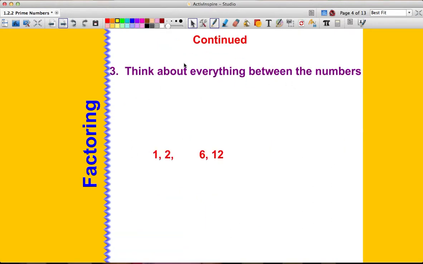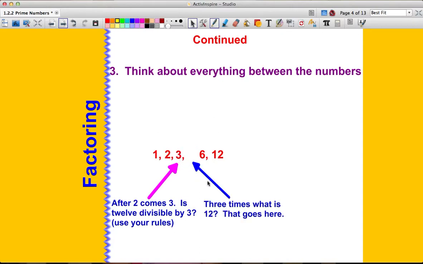Now I continue with step number 3 and I think of everything between those two numbers. The next number in this case would be 3. Since 12 is divisible by 3, I write down 3 and I think, what do I multiply 3 by to get 12? In this case, I multiply 3 by 4, so I know that 4 is a factor of 12.